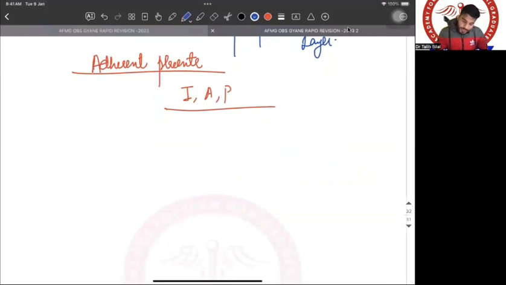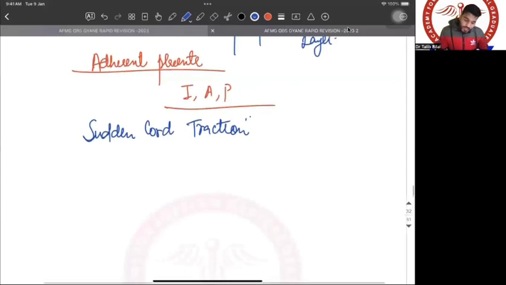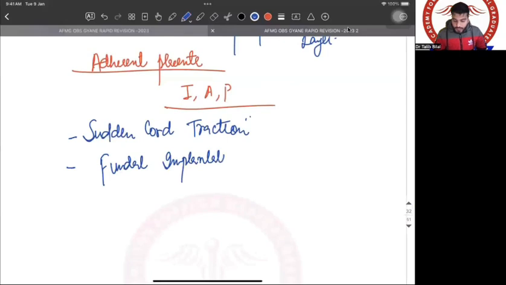Then the second cause can be sudden cord traction. Sudden cord traction or forcible removal of the placenta can also cause uterine inversion. The next cause can also be fundal implantation of the placenta.